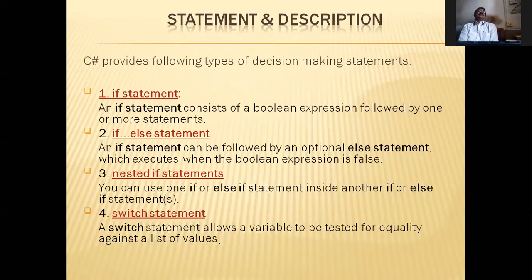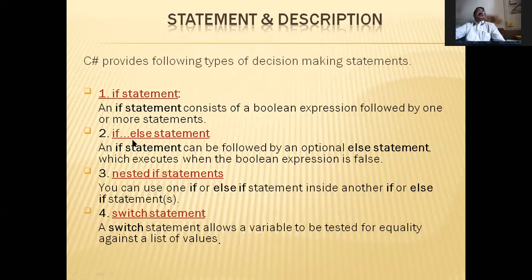We have already seen these in C and C++, and we are revising them in C#. The first is the if statement. An if statement consists of a Boolean expression followed by one or more statements. So this is a simple if statement.